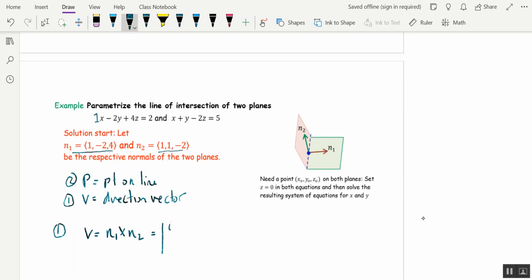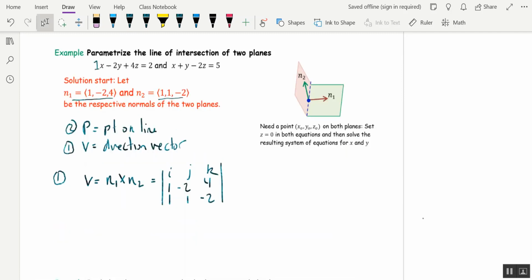So this is going to be i, j, k, and you might want to think about why that is. 1, negative 2, 4, 1, 1, negative 2. And again, you might want to pause and see if you can do that crossing. All right, I got 0, 6, 3. So that's going to be my little a, little b, little c in the parametric equations of a line.